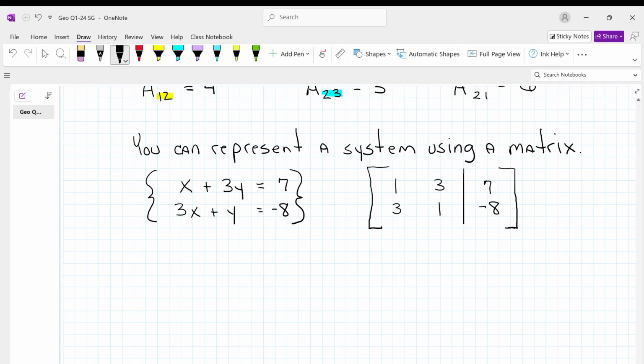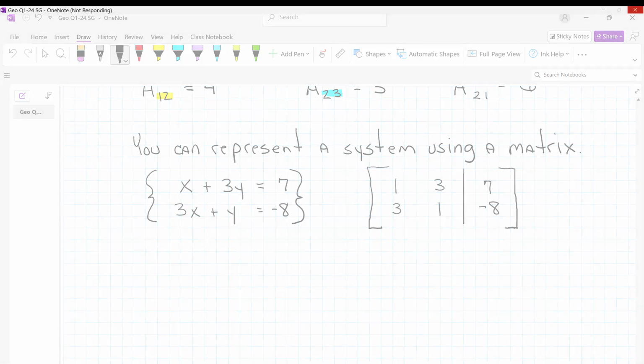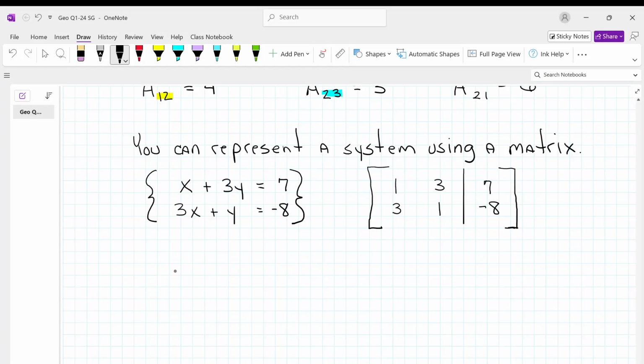Let's take the system: x minus 3y plus z equals 6, x plus 3z equals 12, and y equals negative 5x plus 1.